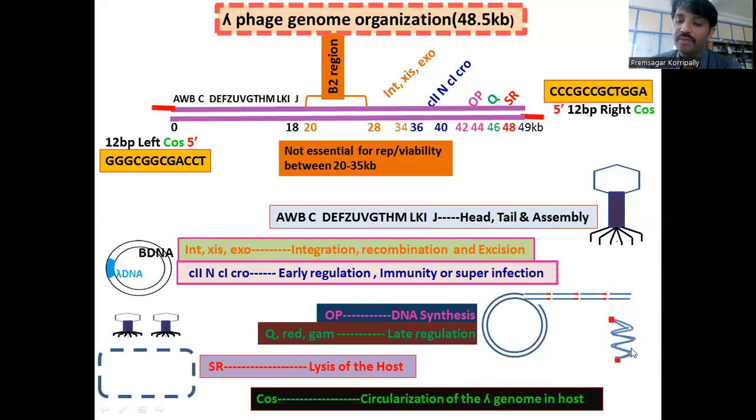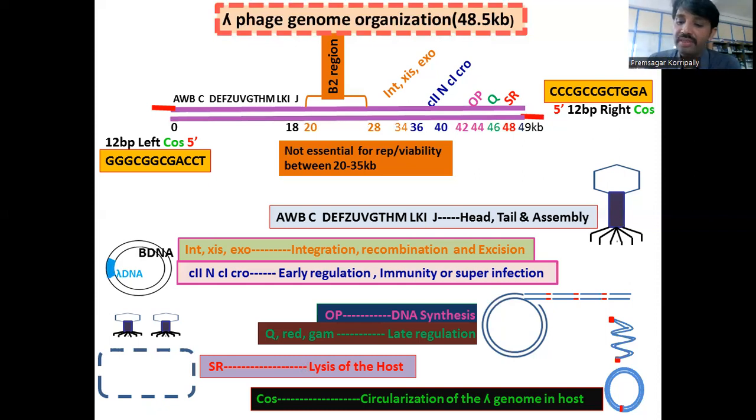You see, this is a linear one, and these are the cos sites, and it gets circularized by using the cos sites. Circularization of the genome is essential for two things. One is that to undergo the lysogenic cycle, the linear genome has to convert into a circular genome, and then the circular genome of the phage and the circular genome of the bacterium undergo recombination and enter the lysogenic cycle.